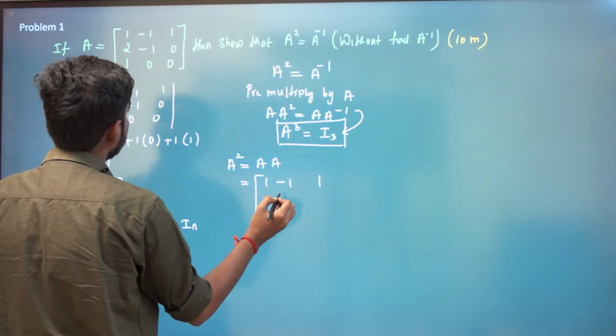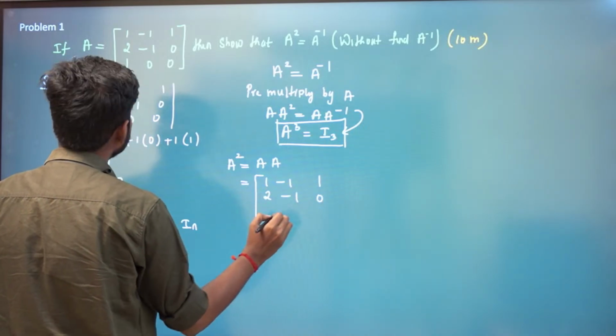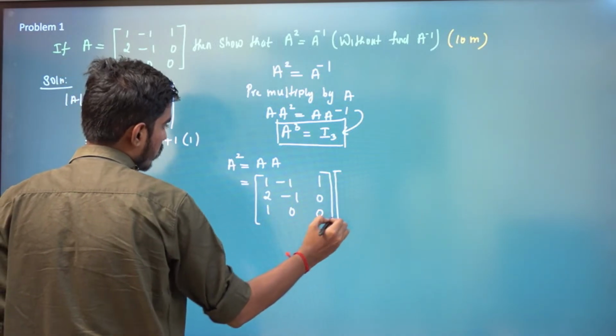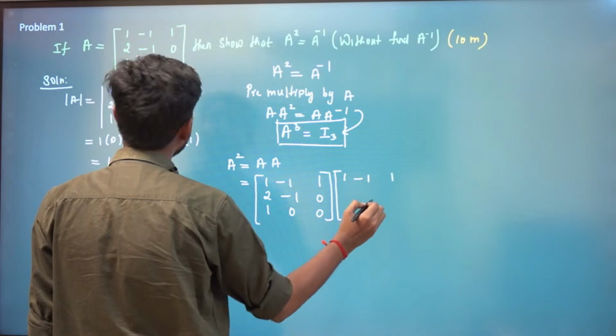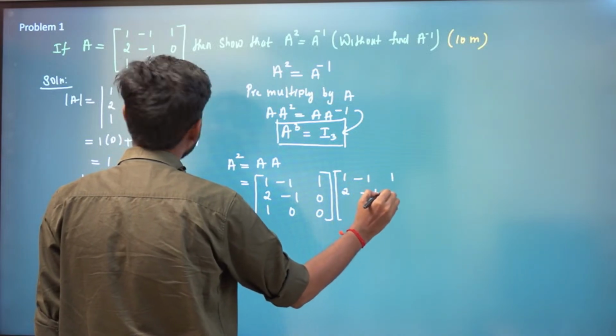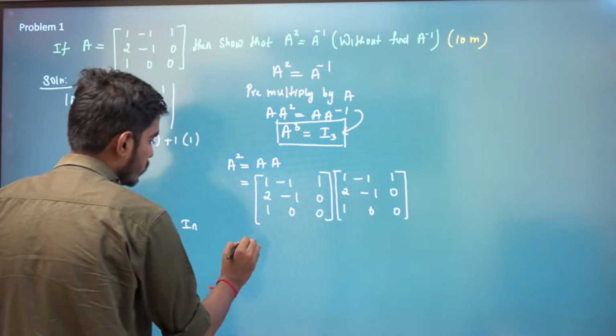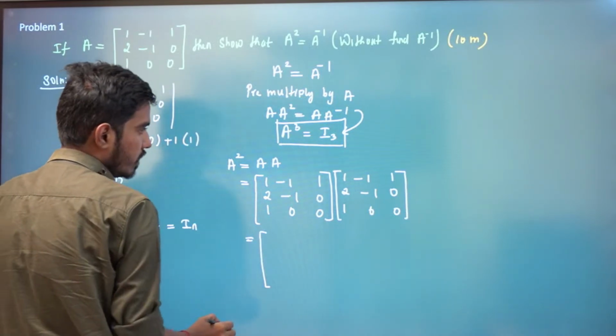So what is A square? [1 -1 1; 2 -1 0; 1 0 0] times [1 -1 1; 2 -1 0; 1 0 0]. We will multiply this.